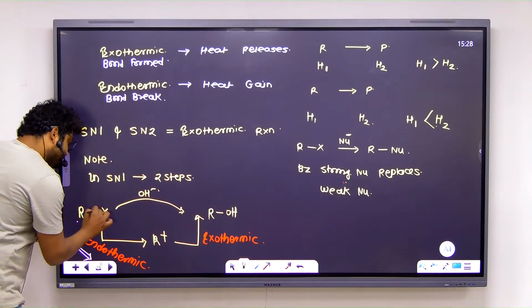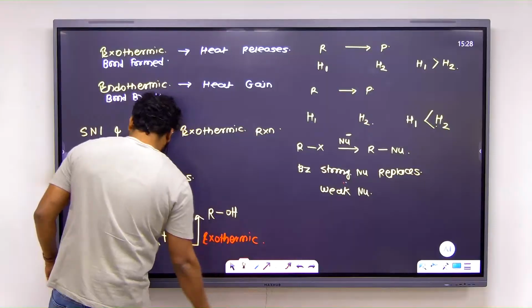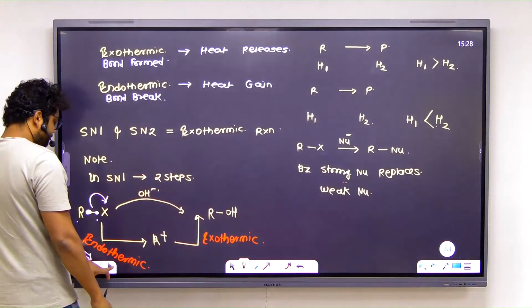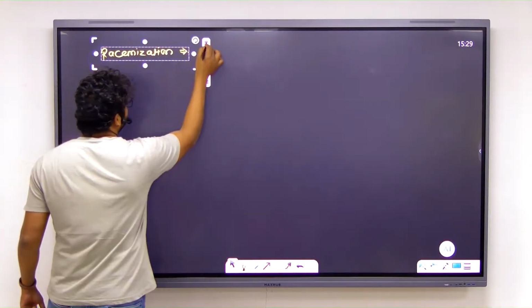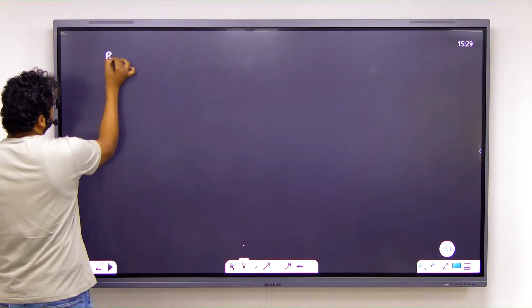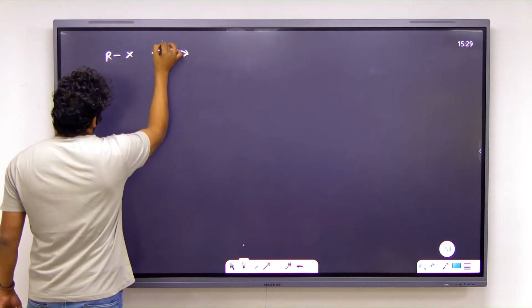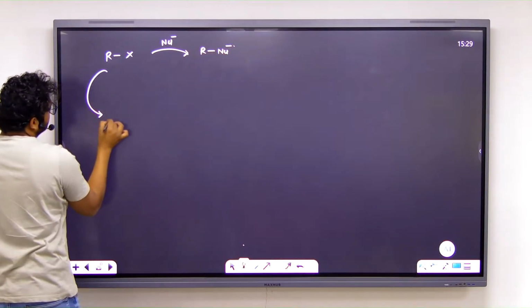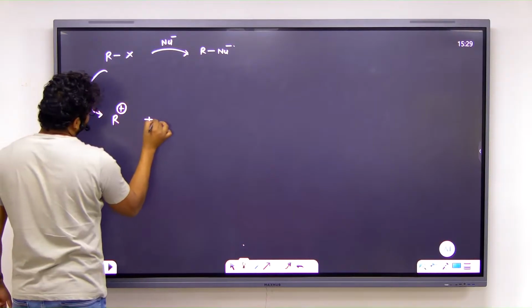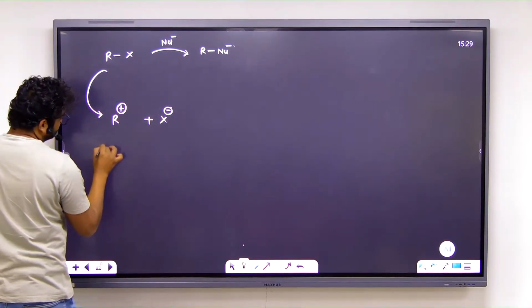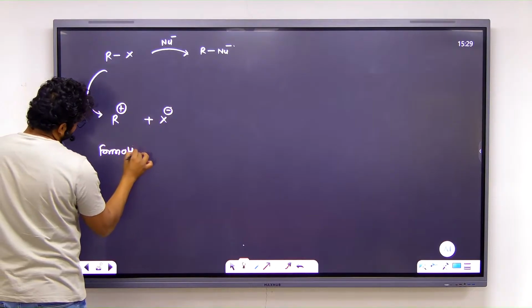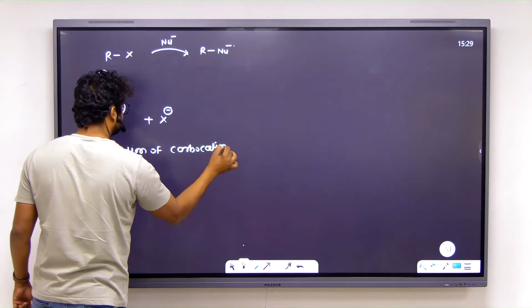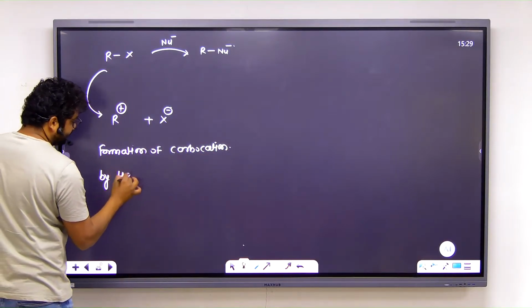R makes a formation of carbocation. The carbocation forms here by heterolysis.